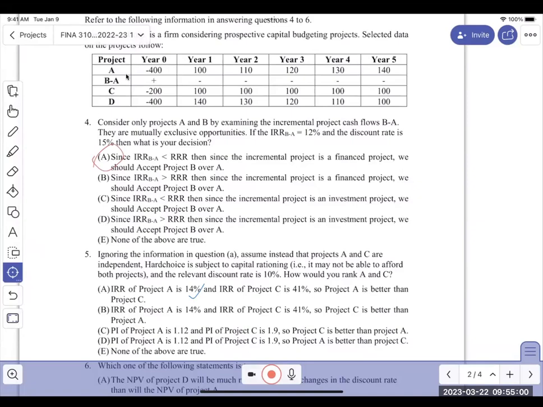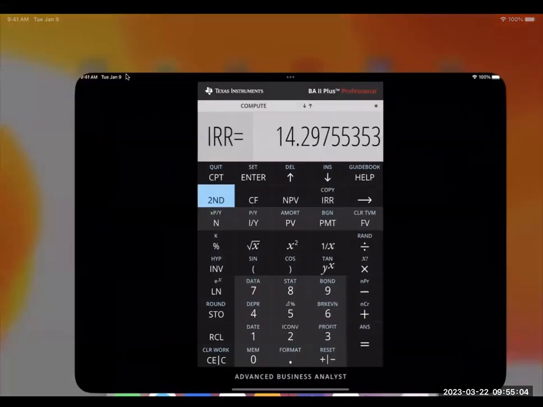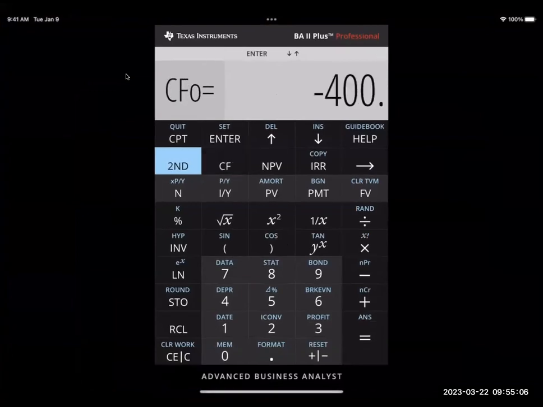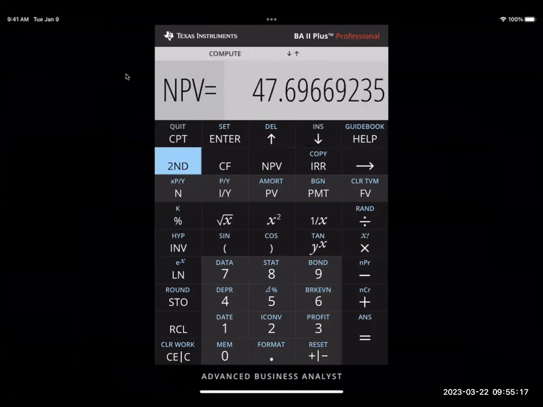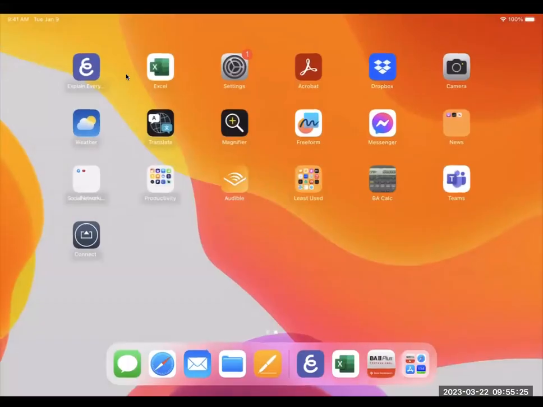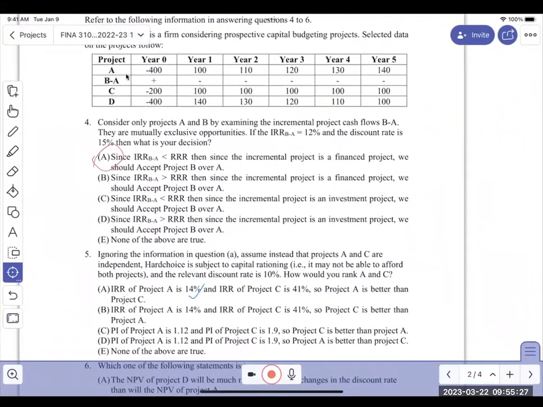Let's do now the PI of A. Let's put a 0 in for the cash flows, the first initial one, and then recompute the NPV. So the NPV is 447.69, which we can store. And then we want to divide that by the initial investment, which was 400.